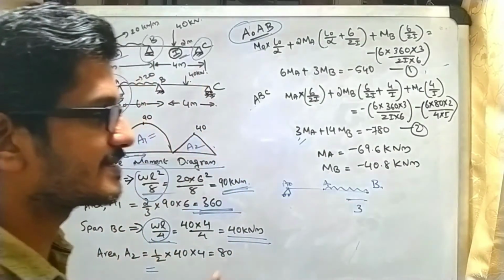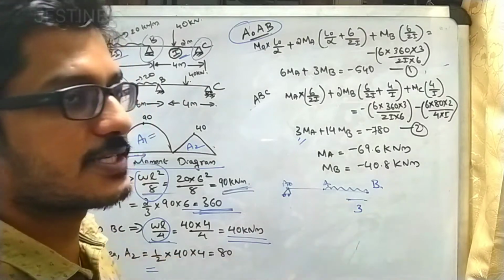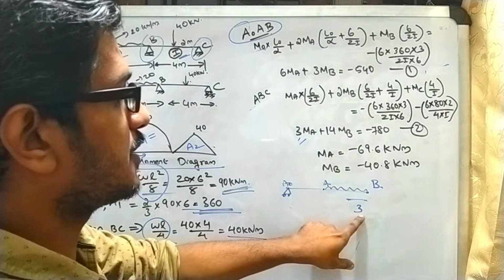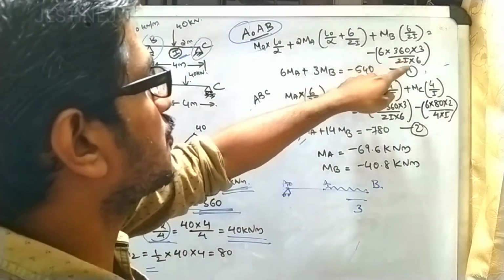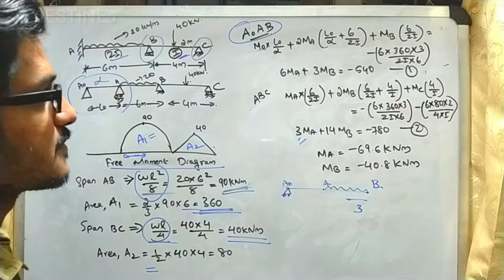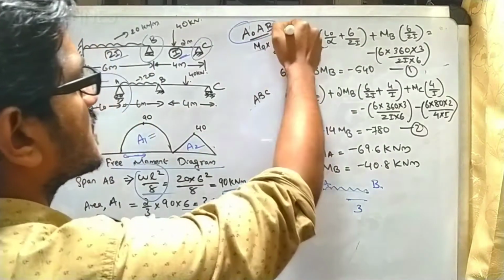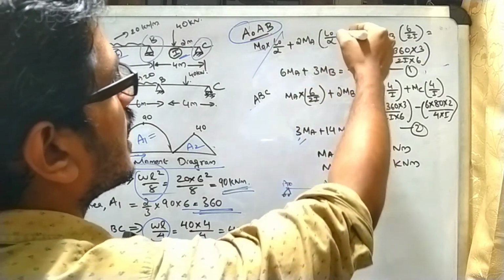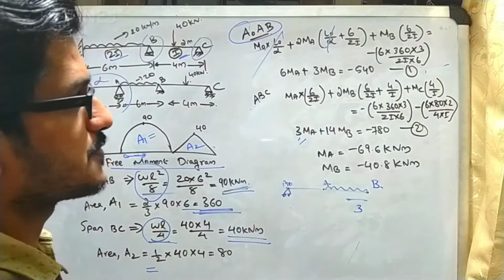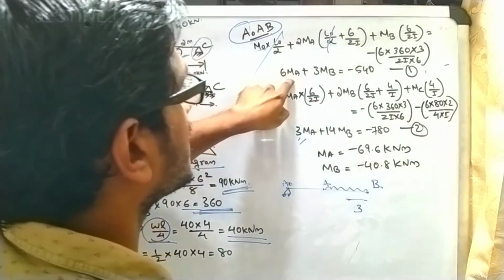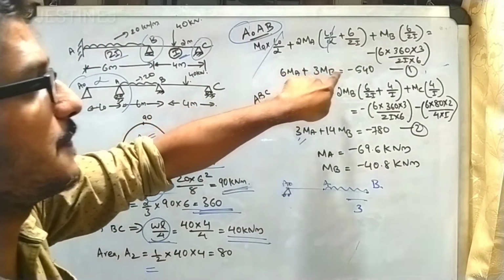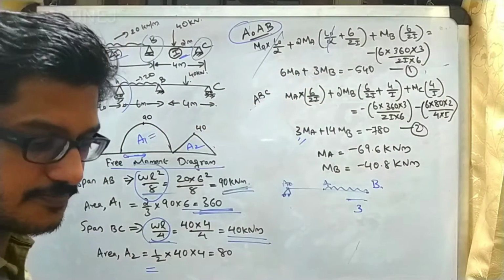The total span is 6, so the span by 2 gives 3, divided by 2I multiplied by 6. The terms with infinity become 0. If you substitute the values, you finally get 6Ma plus 3Mb equals minus 540.